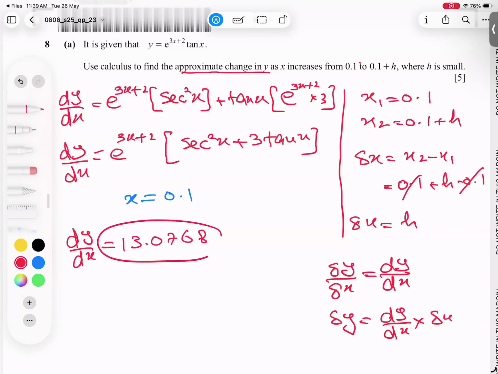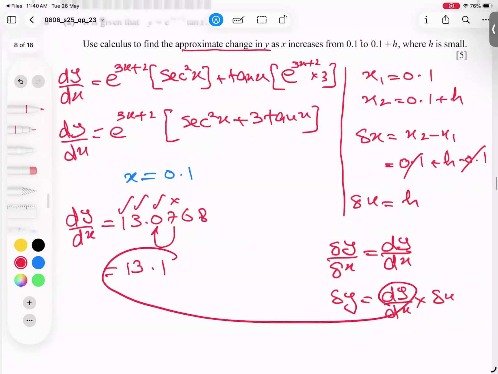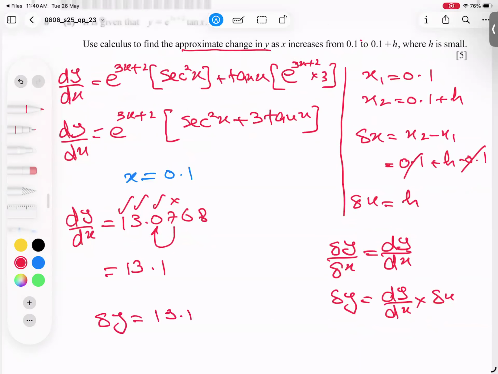After rounding to 3SF, I don't want to add 1. So 13.1. And now I'm going to replace this value here and this value from there. And our final answer is 13.1 times h.